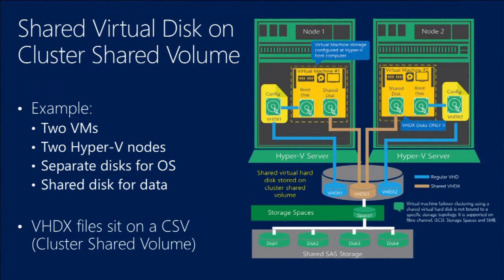Those things get exposed to the hosts. You create a CSV on the host, and then you have a VHDX file that all nodes can see. All you need to do is share it, okay? So this configuration effectively replaces the need to do iSCSI to the guest or virtual Fibre Channel.